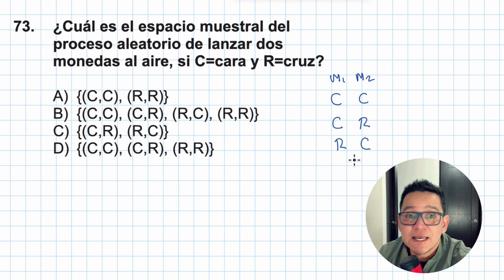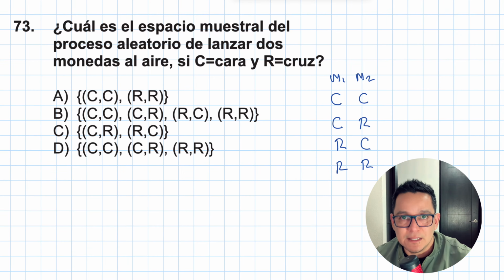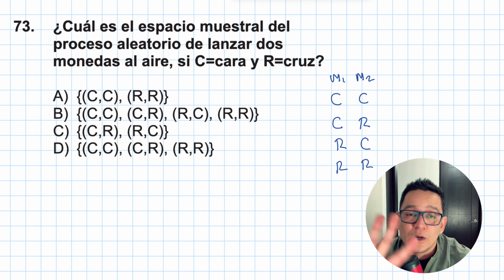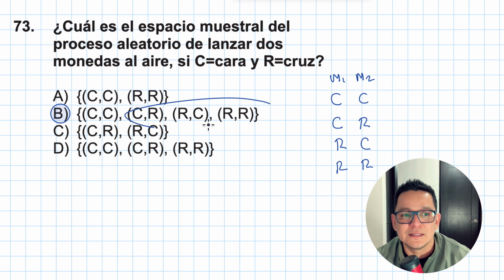Or both of them come up tails, so it could be RR, and that's it, right? So we have those 4 elements in the sample space. Therefore, the correct answer would be the one in option B, right? Just as it's telling me HH, HT, TH, and TT.